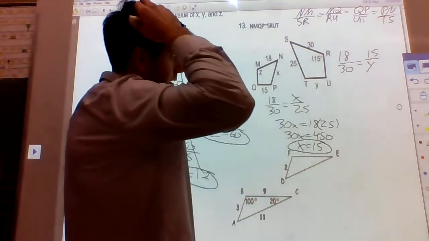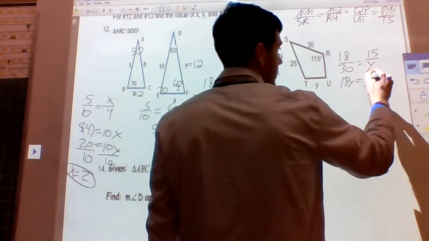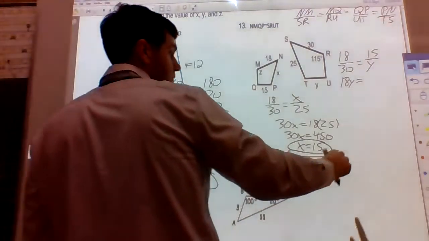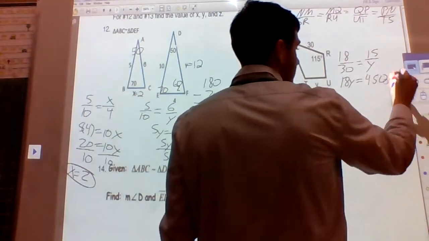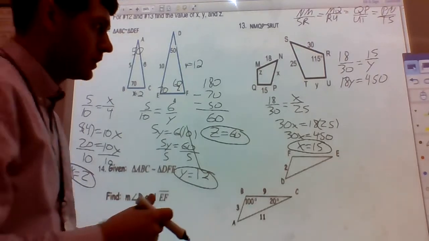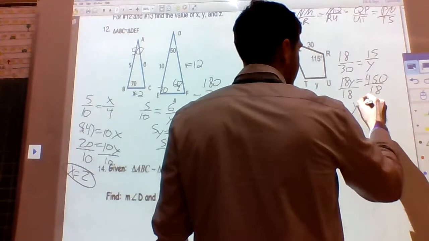Cross multiply: 18Y equals 15 times 30, which we just said is 450. Then divide by 18, and we get Y equals 25.